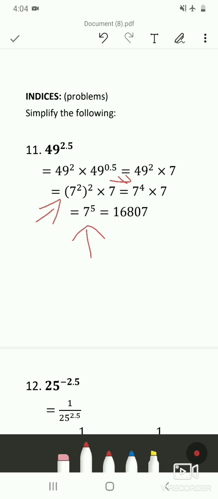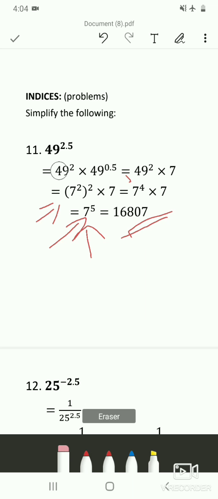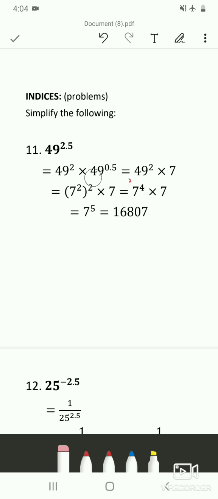In the exam, even if you write till this step, it is okay, no need to write the simplification or the final answer. Now let me quickly revise how we arrived at the answer. First you have to use the first law and get this step, that is 49 raised to 2 into 49 raised to 0.5.